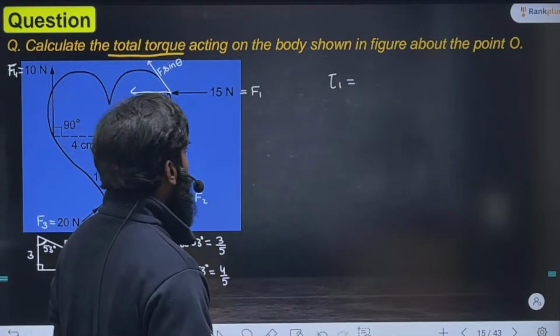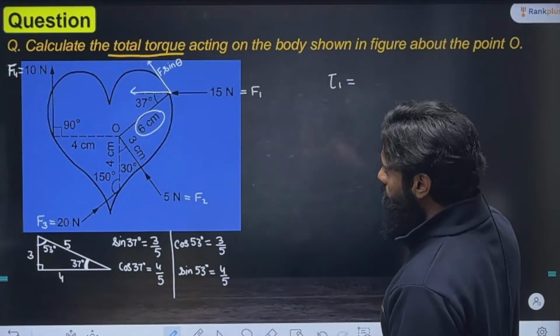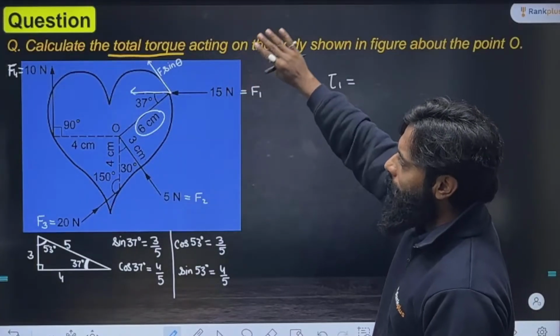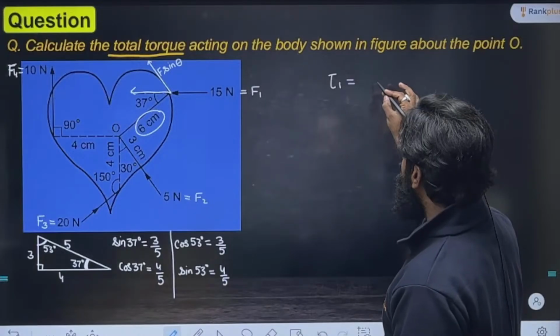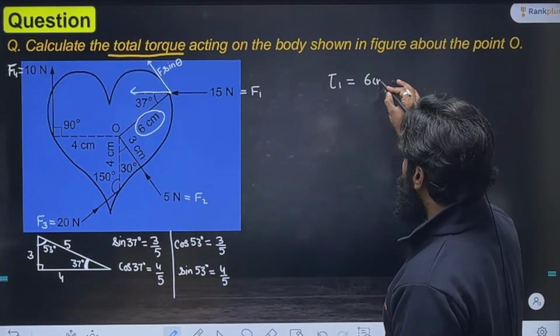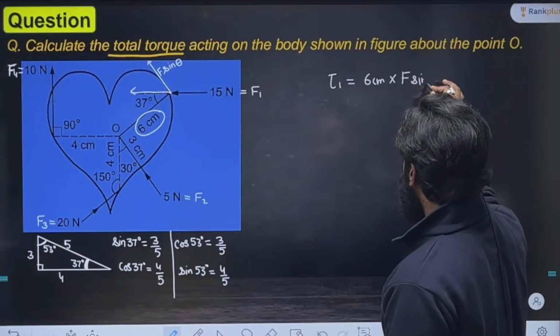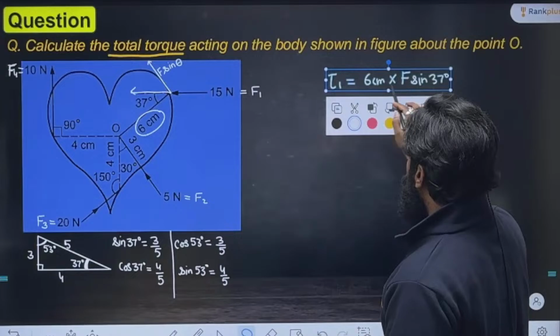Okay, now this torque 1 will be equal to, I will not be changing the centimeter to meter. I'll keep all the data in centimeter only. So I could do one thing, 6 centimeter multiplied by F sine 37 degree to get the torque 1.